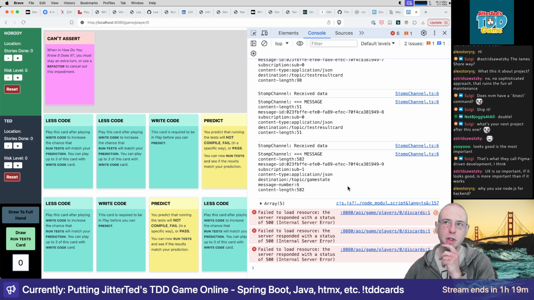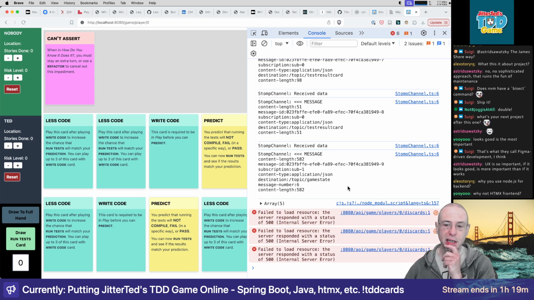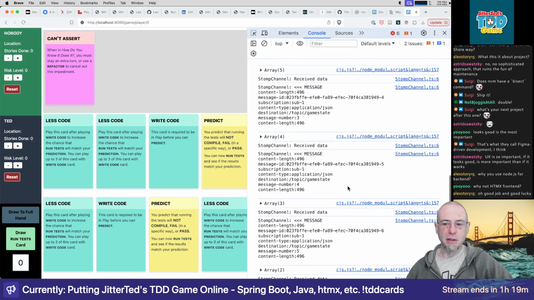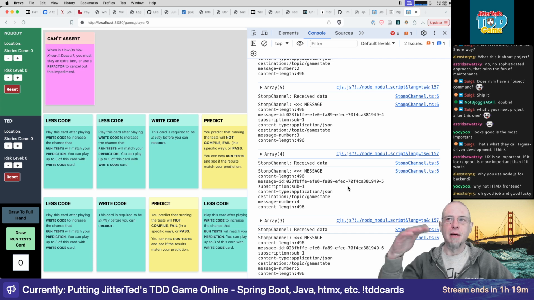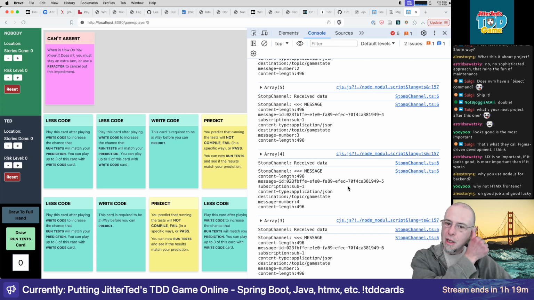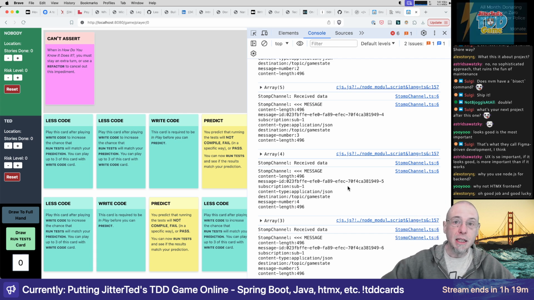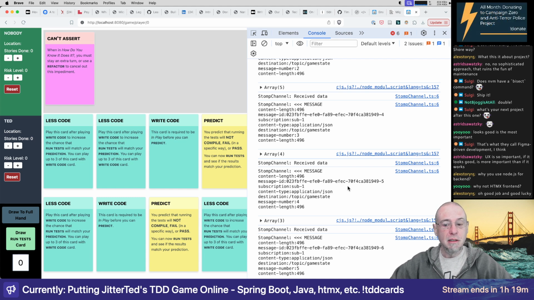The way this works is there is an API, but most of the communication is actually going through the WebSockets. But I'm actually using Stomp on top of WebSockets, mainly because that made it really nice for doing some fancy things.